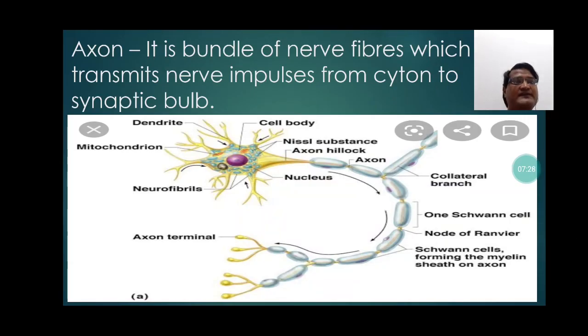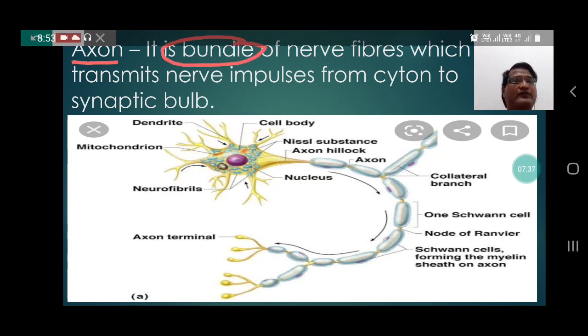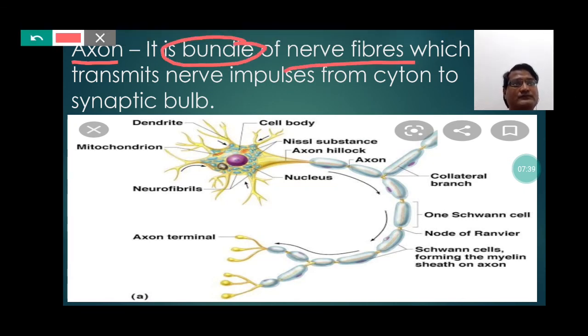So students, we can say that axon actually is a bundle of nerve fibers. Now the main function of this bundle of nerve fibers is to transmit, that is to carry the nerve impulses from cyton to the synaptic bulb.